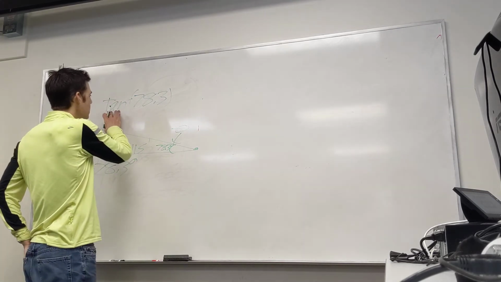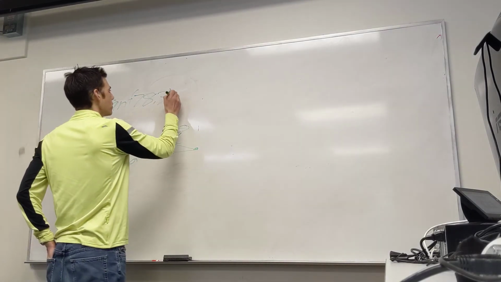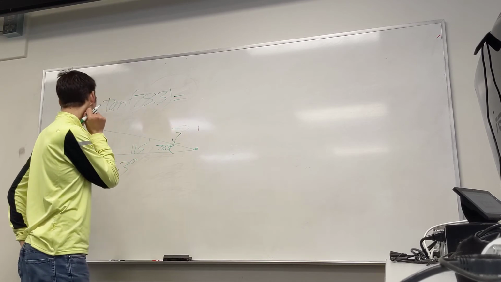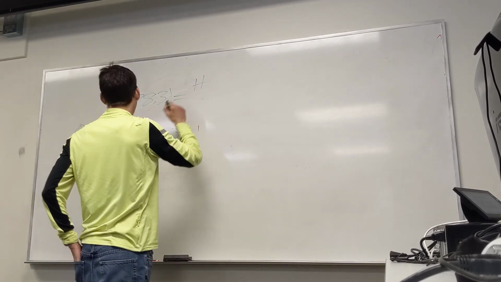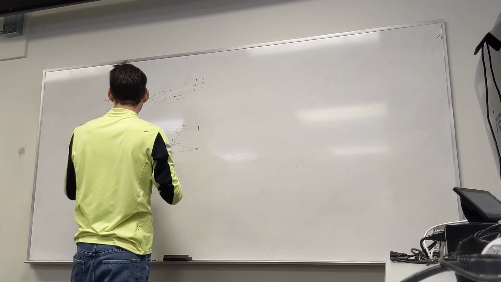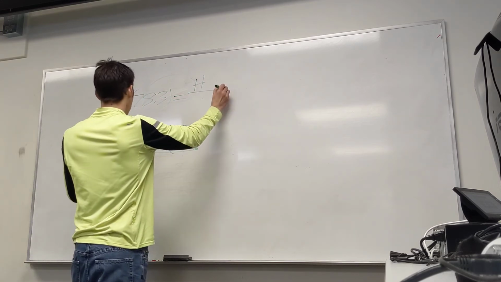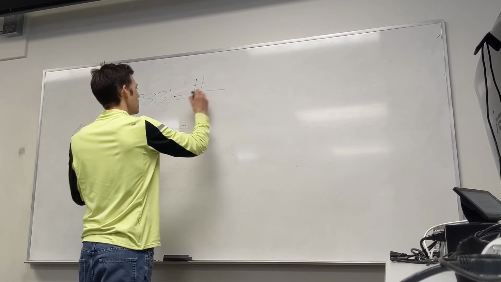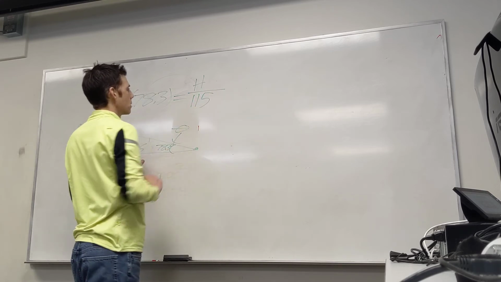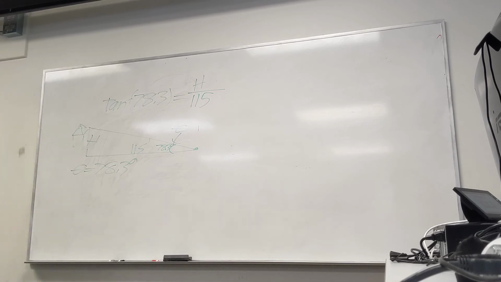So tangent of 78.3 is equal to the height of the monument over sine over cosine, right? Opposite over adjacent. 115. And you pull out your calculator and punch in tangent of 78.3.